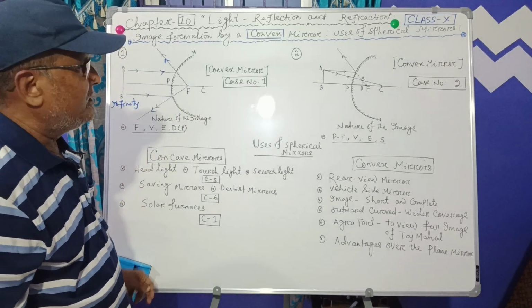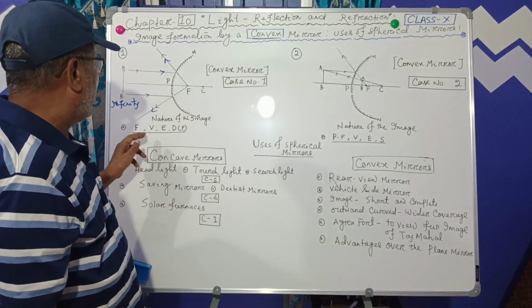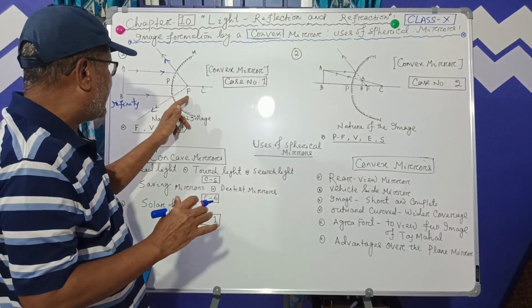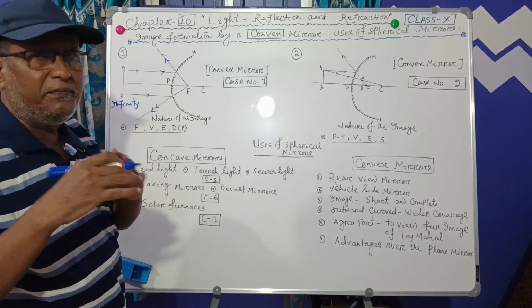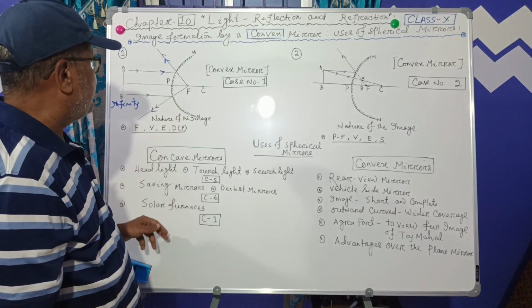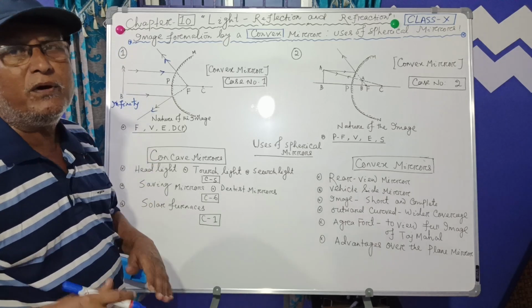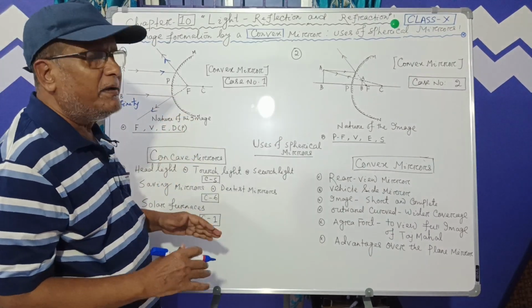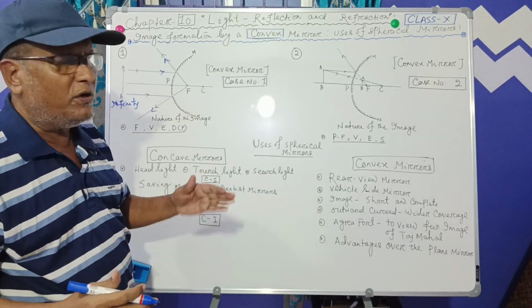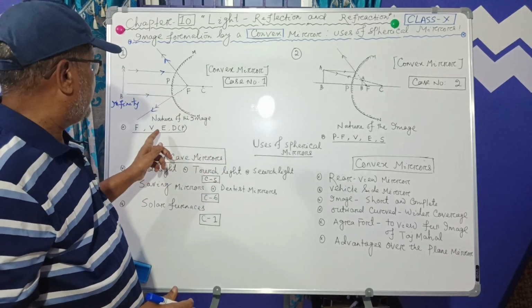Now see, the image is formed at focus. When the object is at infinity, the image is formed at focus. V for virtual, and it is formed behind the mirror, so it cannot be captured on a screen.